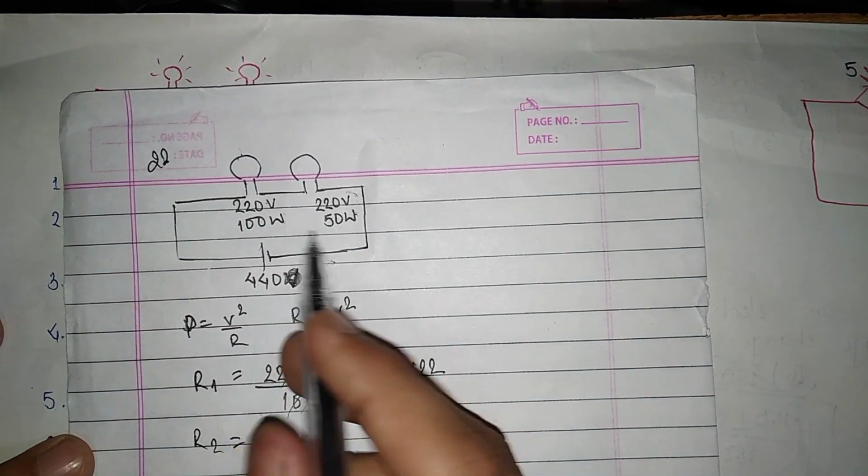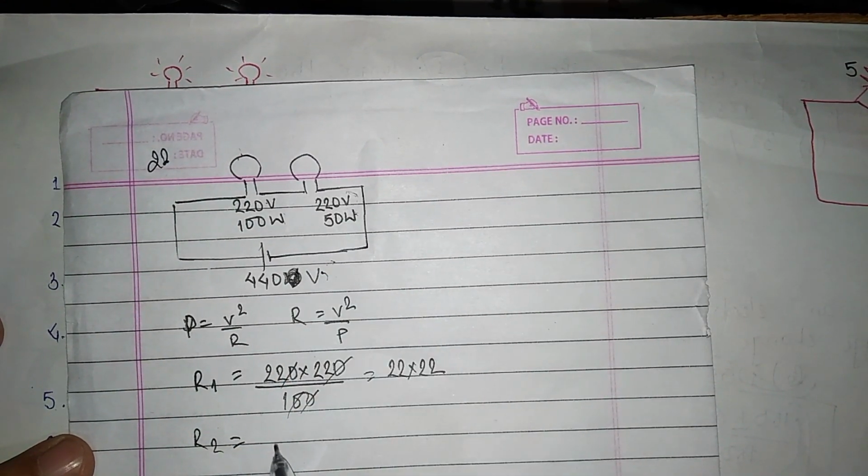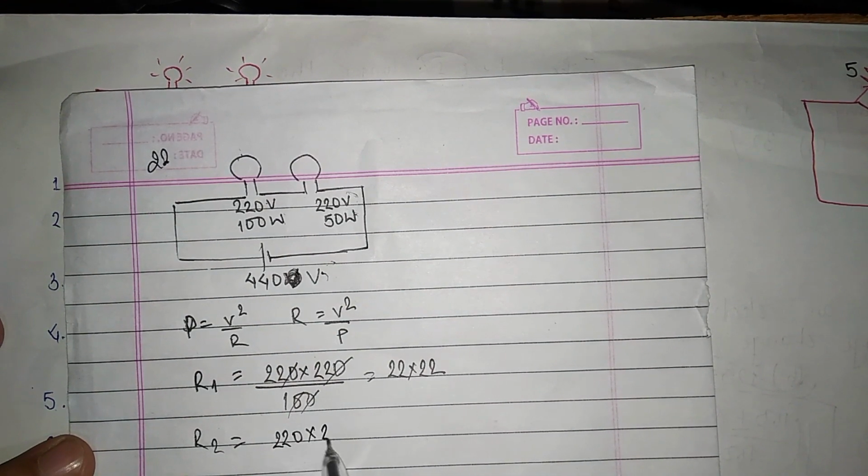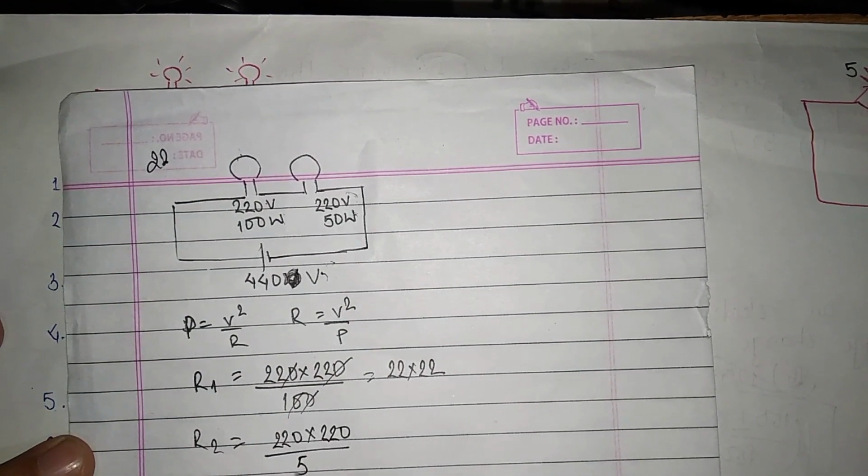And the resistance of the second one is 220 into 220 by 50.